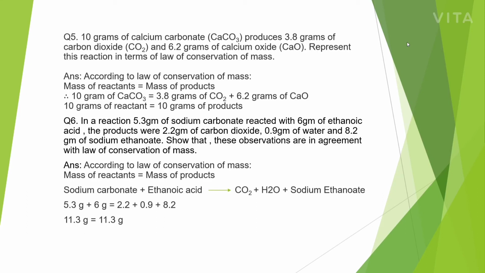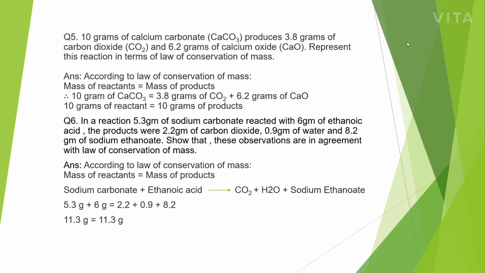So here we will see that the reactant is calcium carbonate and the products formed are carbon dioxide and calcium oxide. So the mass of reactant is 10 grams and the mass of products is 3.8 grams of carbon dioxide and 6.2 grams of calcium oxide.